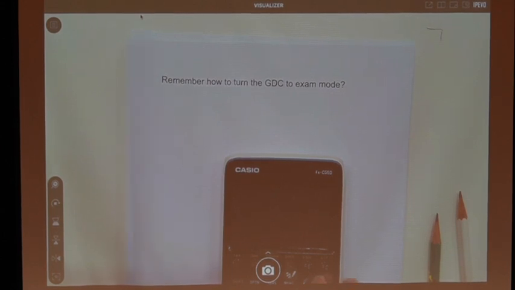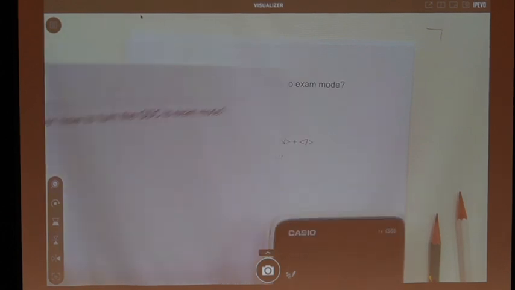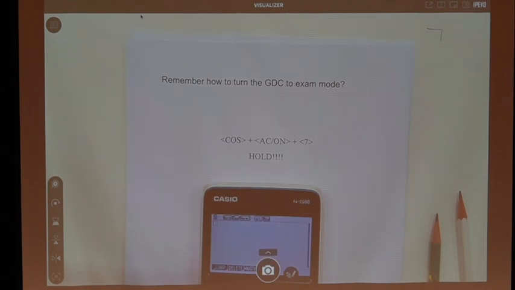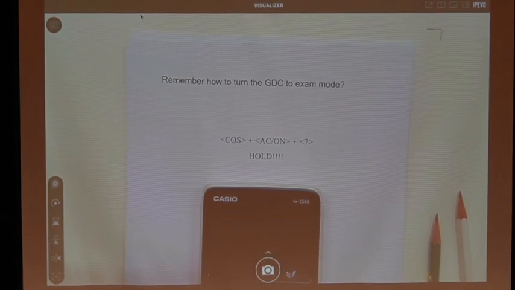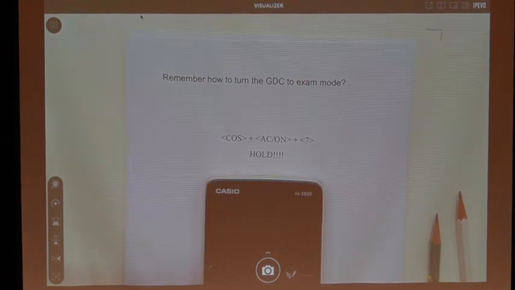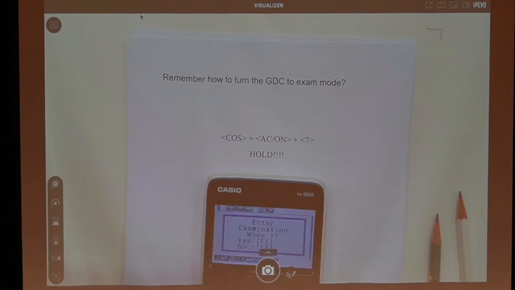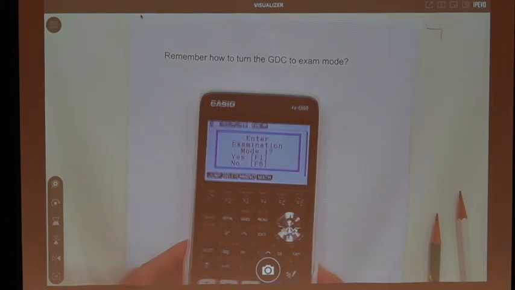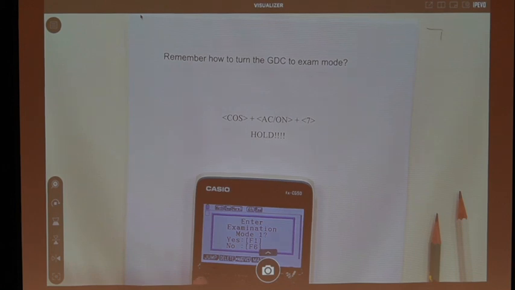For those who need some help, here we go. Make sure you switch it off first if it's already on. Press cos, AC and 7, three buttons together, and hold for at least one second. Then F1.